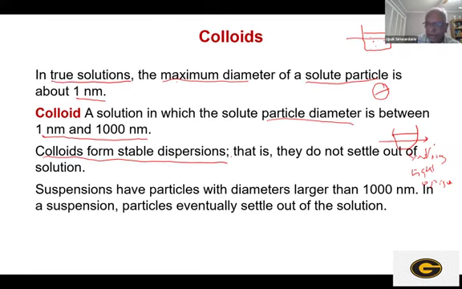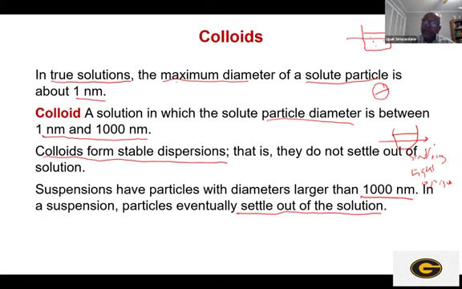Suspension, on the other hand, the third category of homogeneous mixtures, has particle diameters greater than 1,000 nanometers, and the characteristic feature of suspension is they settle out. For example, muddy water, soil and water.